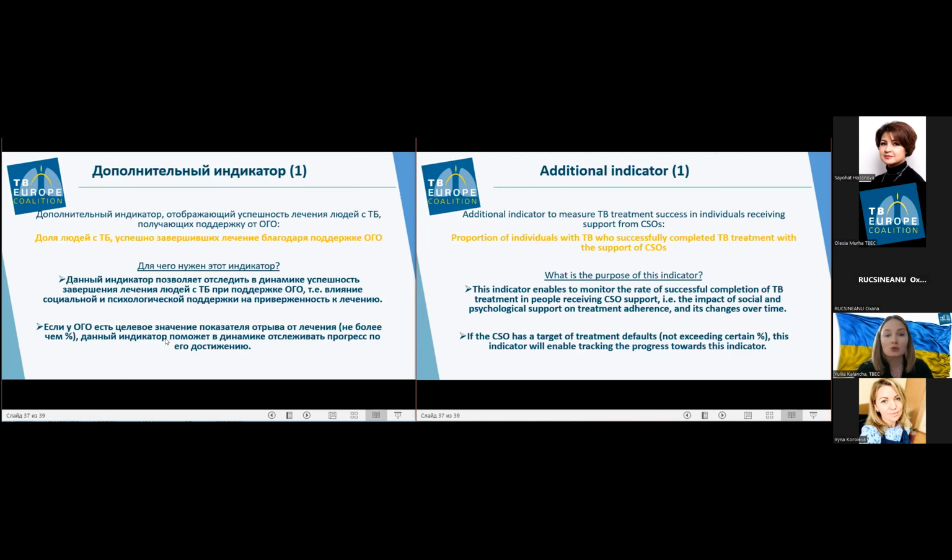Unfortunately, the algorithm won't be able to provide a unique approach for every country, because it is developed in order to unify data collection, but the country, based on its realities, and as Ira mentioned when she commented on the slides, you can adjust certain aspects based on the situation in your country, so that this data could be collected. And Sayahat also says that she agrees it needs to be adjusted.